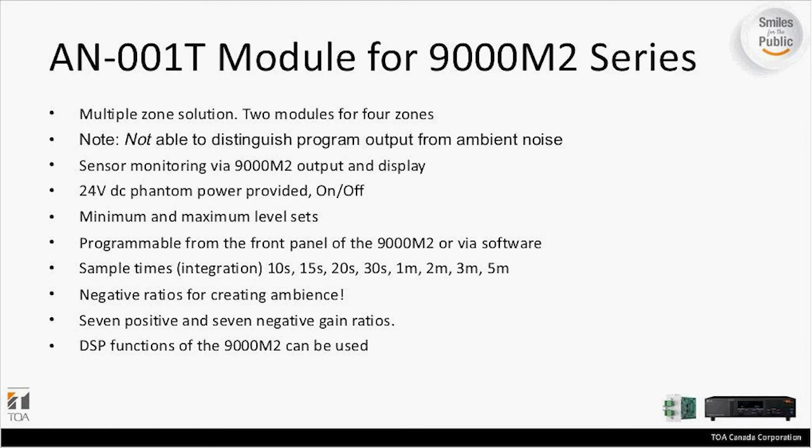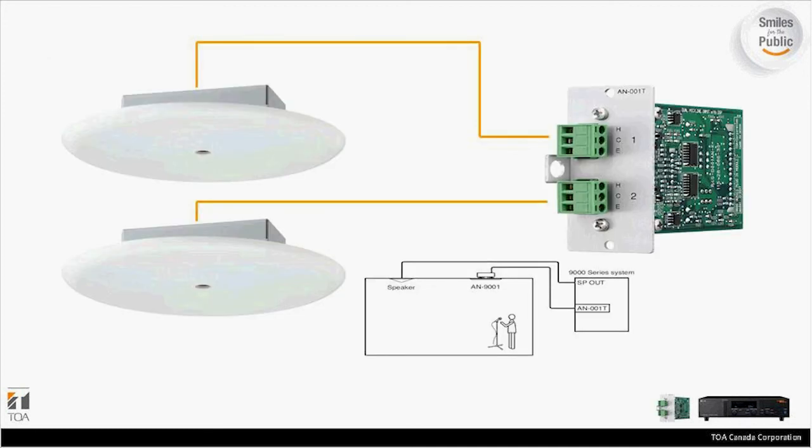You have 7 positive and 7 negative gain ratios, so remember the 3-to-3 that we had, so if the background noise rises by 3 dB, we're going to increase the output volume by 3 dB. So we have 7 different ratios that we can set to be able to deal with the background noise. And we also have the use of the DSP function of the 9000 that we can bring into the mix as well.